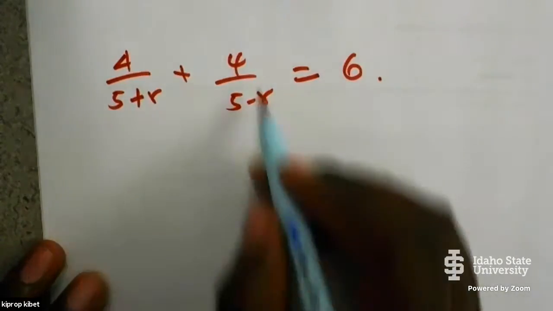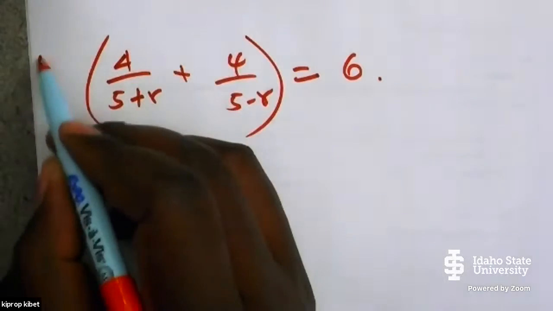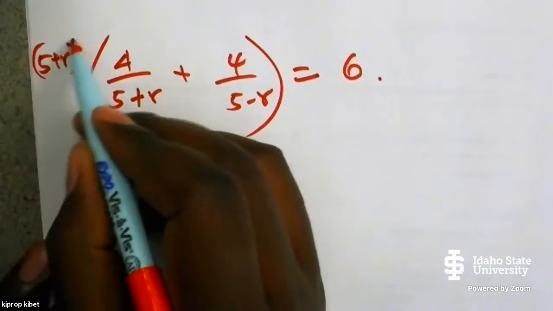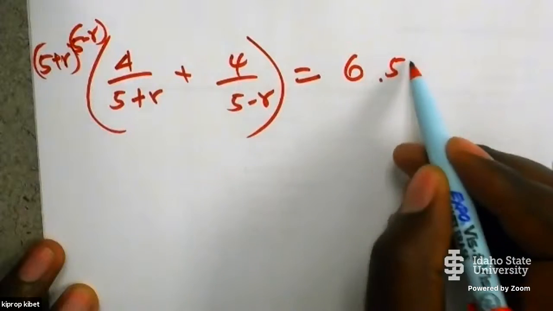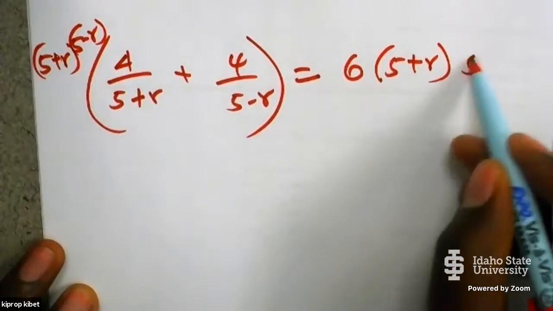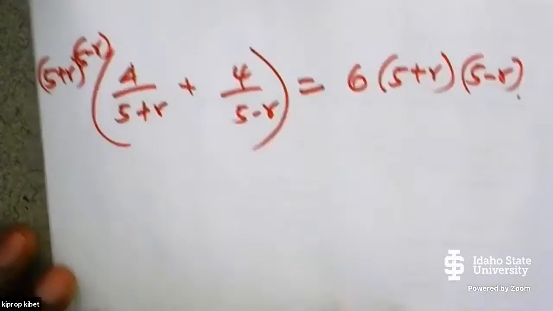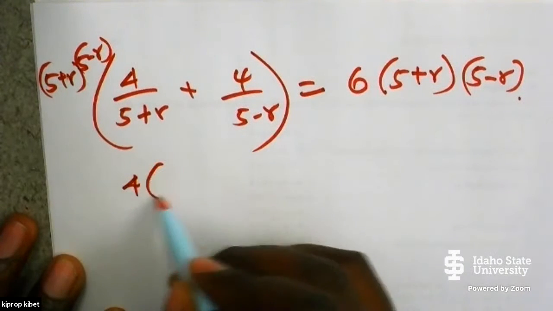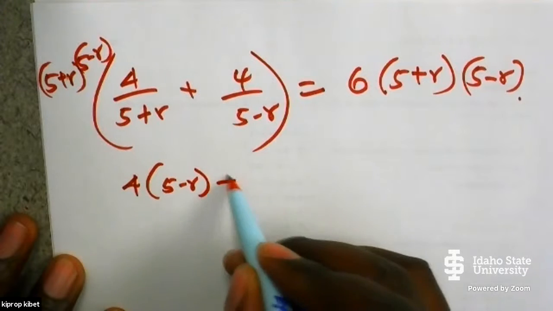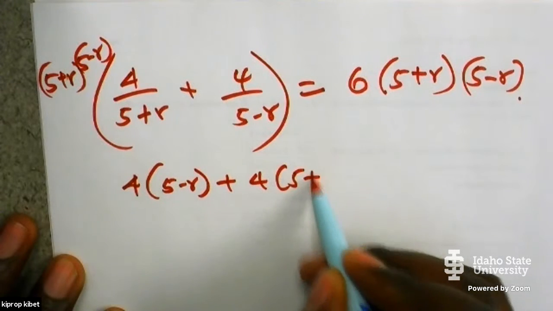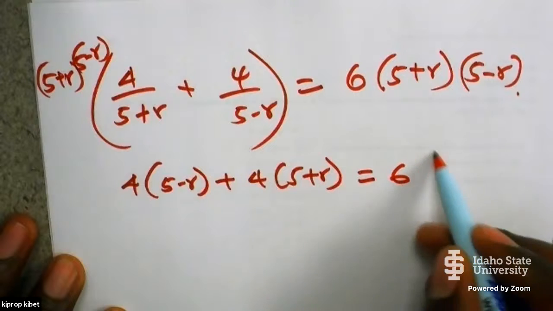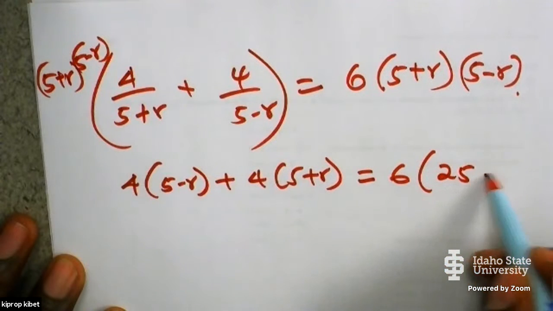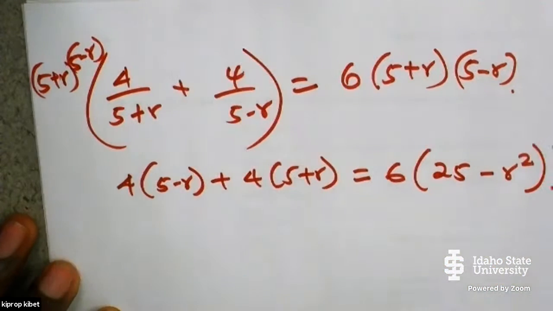So you multiply by 5 plus r, 5 minus r. Okay. So when you cancel, you get 4 times 5 minus r plus 4 times 5 plus r equals to 6 times 25 minus r squared.